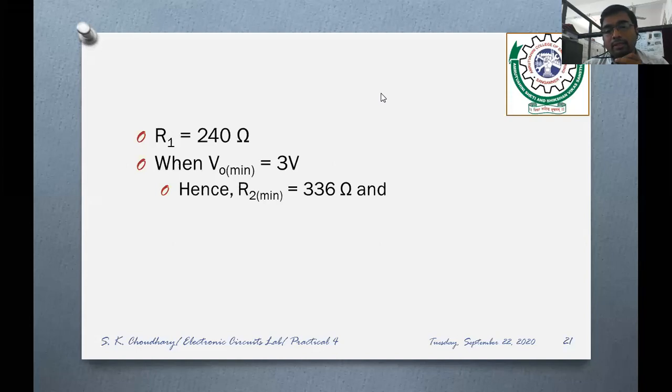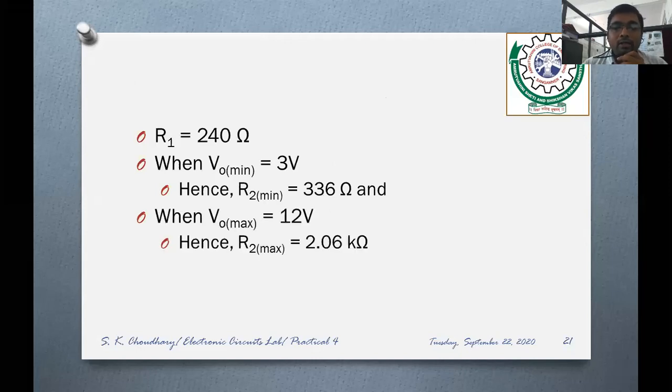Otherwise, it is very simple mathematics. It looks like a one-way communication. I am only talking and you just log on to the Zoom ID and leave the class. Aditi, what is the value of R2? Okay, time is very less, I am not going to waste it.